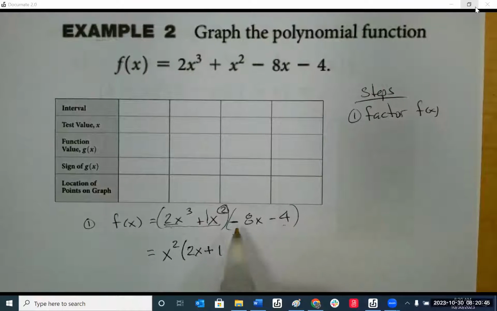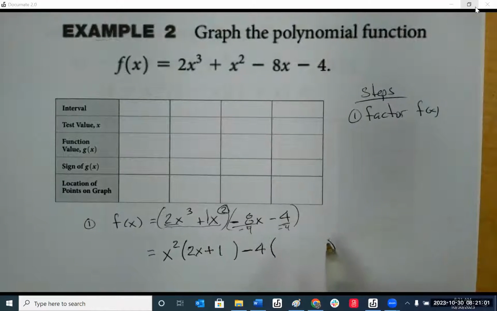In the second term, there's a negative, so I factor out the negative, and they both have a 4 in common. So if I factor out a -4, I divide both of those by -4 to see what I have left. Negatives cancel.